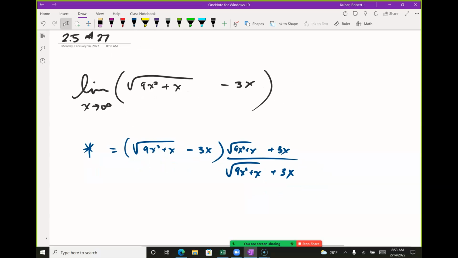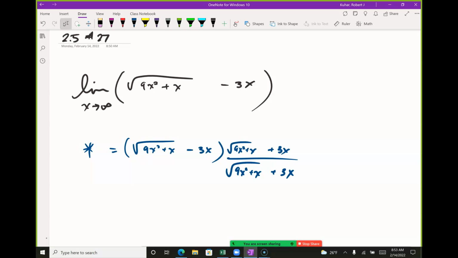So our first thought is to do this conjugate, from what I've taught you so far. I see a radical. I can't evaluate the limit. I've got to do something. I've got to come up with a replacement function. It's a little strange to think about infinity minus infinity, but it's certainly not clear.